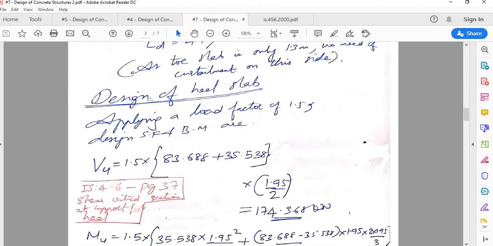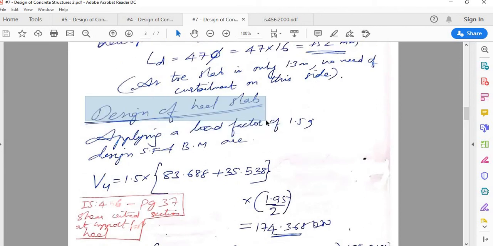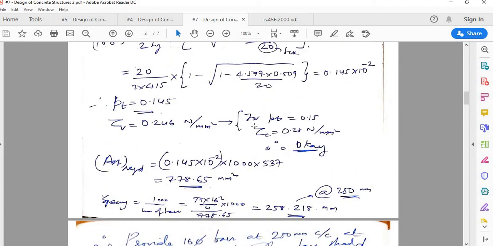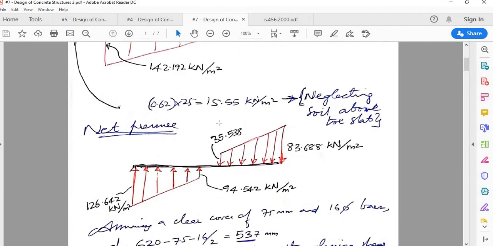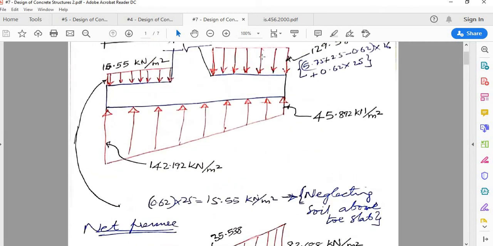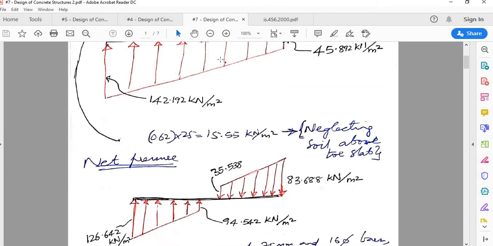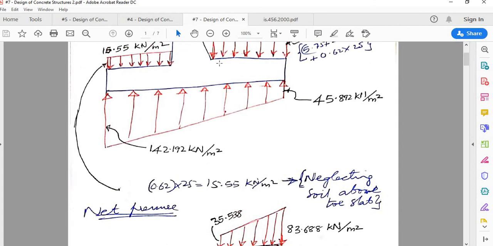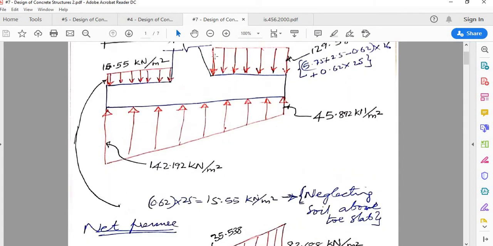Okay. Now let us design the heel slab. For the heel slab, same philosophy, but the only difference that you have to note is, first of all, the bending is towards the other direction, tension is at the top, and as we discussed in the theory, the critical section for bending moment is here itself, and the critical section for shear is also here.